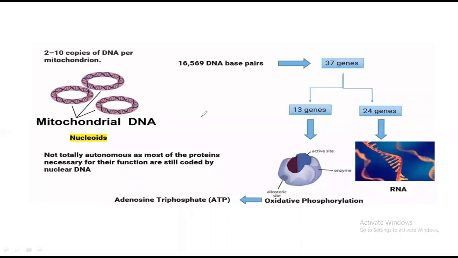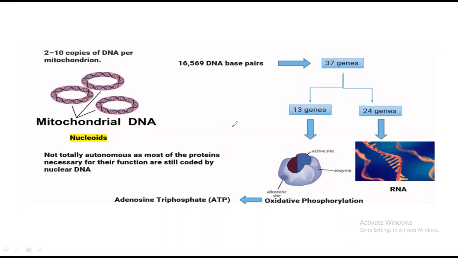Now we will come to the genes of the mitochondrial DNA. There are 2 to 10 copies of DNA per mitochondria, because I mentioned that there is more than one copy of DNA inside a mitochondria, and these are also known as nucleoids.